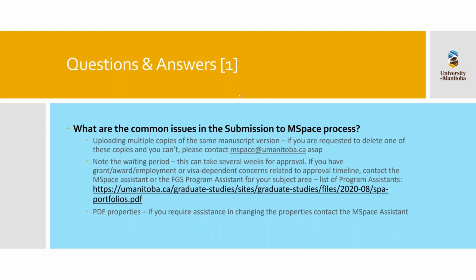That just means that it's in the submission pool awaiting checking and approval by the Faculty of Graduate Studies program assistants. Now, the time it takes for the checking and approval to take place really varies depending on the volume of submissions being processed over at FGS. And as long as you made that initial submission before the deadline, that's fine.